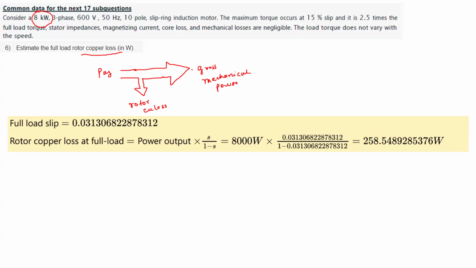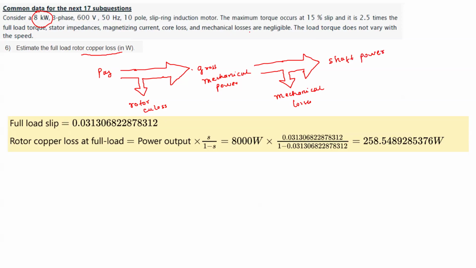Now, from the gross mechanical power, if I take out the mechanical losses like friction loss, windage loss, I'll be left with shaft power. So this was the power flow.